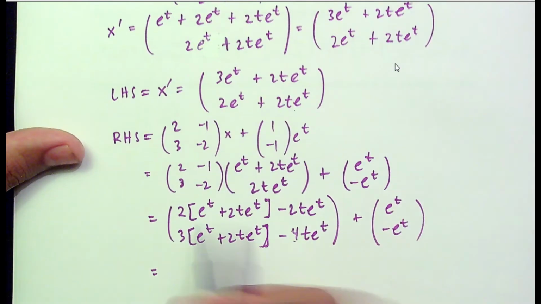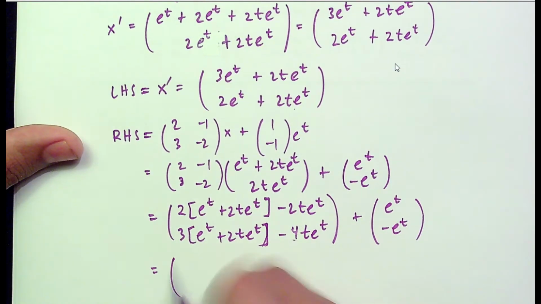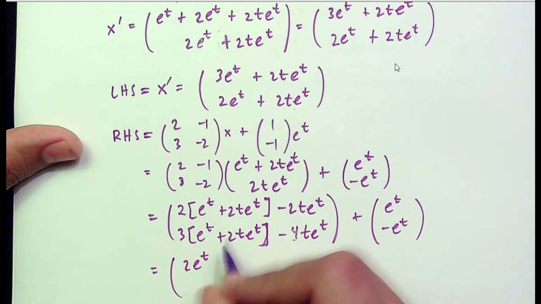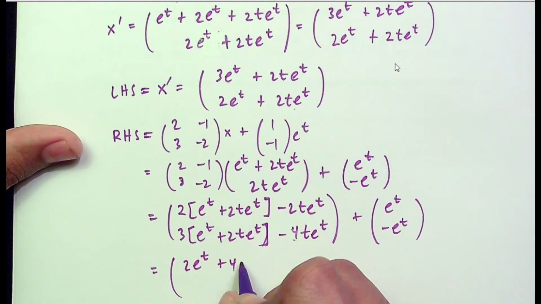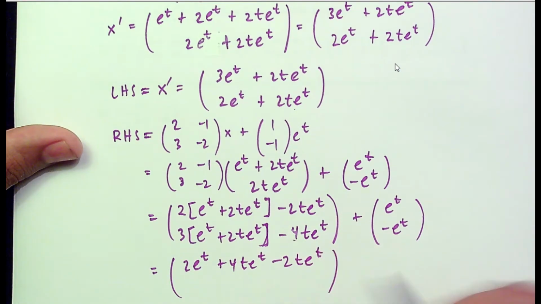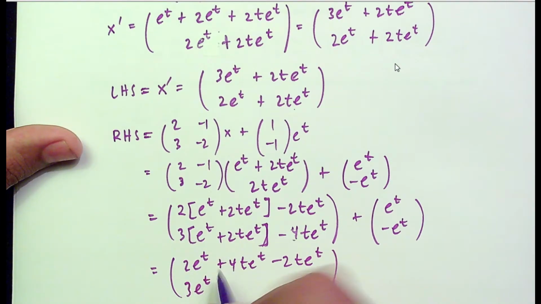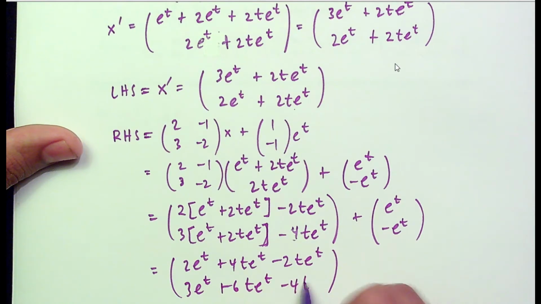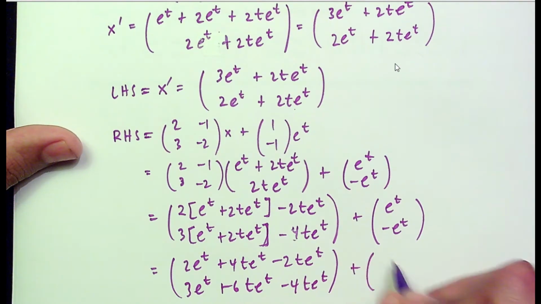We're going to distribute this and combine. So this is going to be 2 e to the t plus 4t e to the t minus 2t e to the t, 3 e to the t plus 6t e to the t minus 4t e to the t plus e to the t negative e to the t.